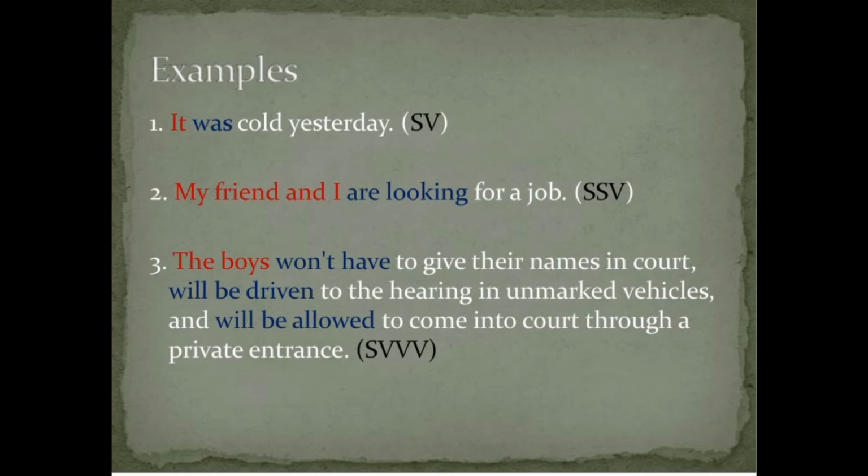However, if you find the subject, the subject is the boys, and if you start looking for more subjects, there are no more subjects, but there are three verbs, and all these three verbs, won't have, will be driven, will be allowed, belong to one subject, the boys. We have one subject and three verbs. SVV, it's only one unit of the subject and the verb. It's only one independent clause, so it's a simple sentence.